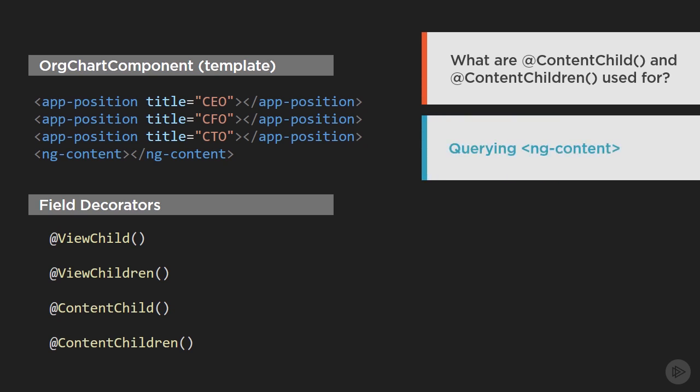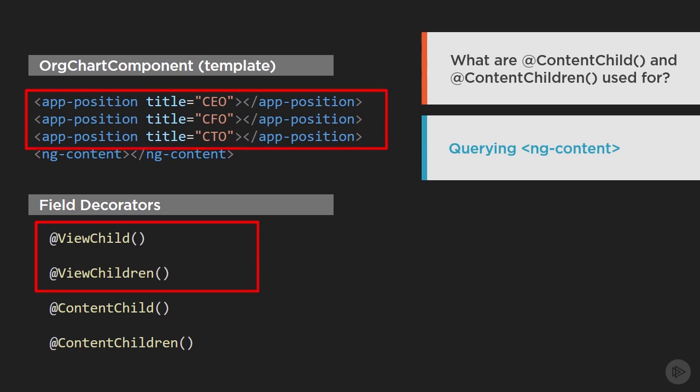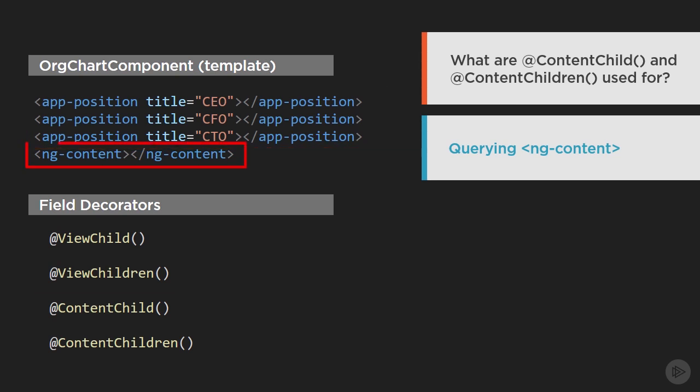Querying ng-content. So ContentChild and ContentChildren will select components within ng-content. So there's a very distinct differentiation here. You use ViewChild and ViewChildren to access elements outside of the ng-content, and to access elements within ng-content, you use ContentChild and ContentChildren. And the usage and syntax are the same, so I won't go into examples for ContentChild and ContentChildren.